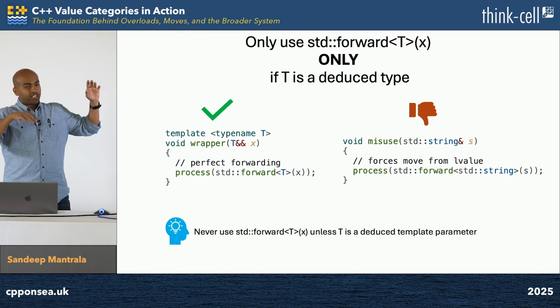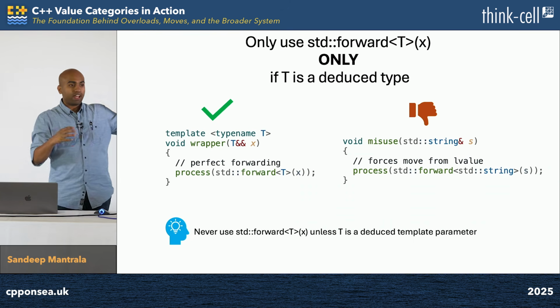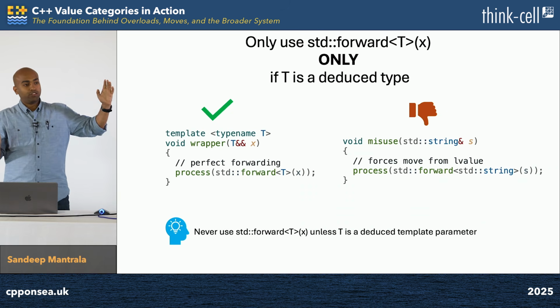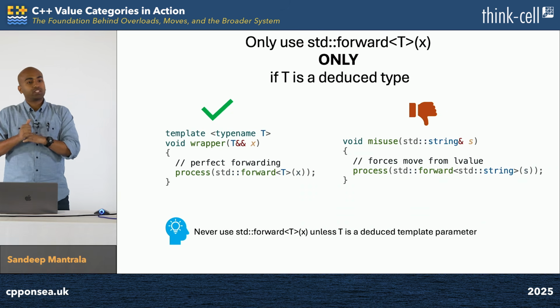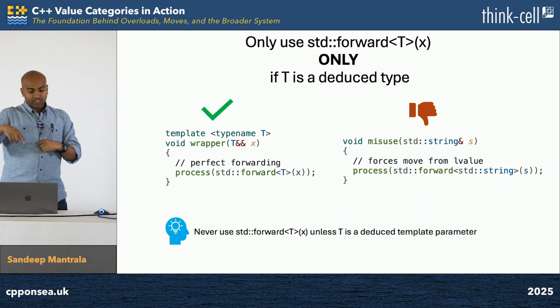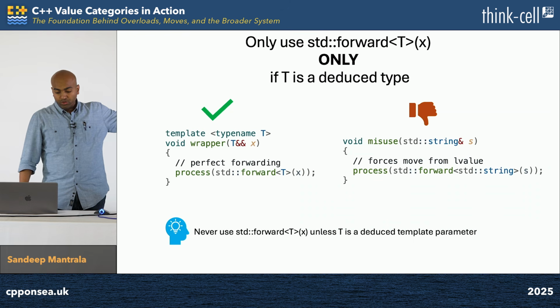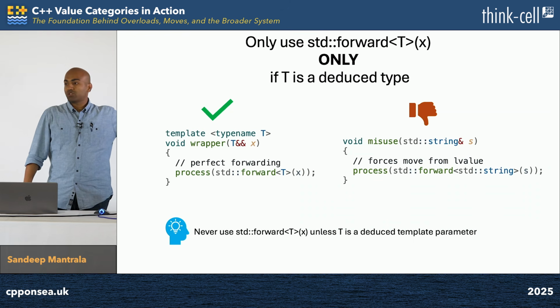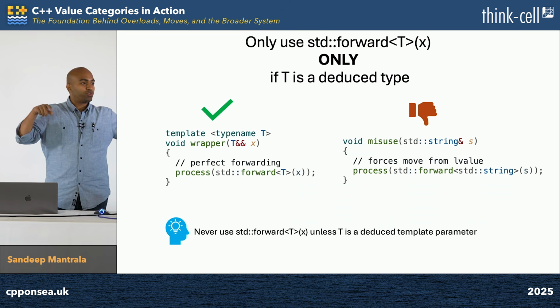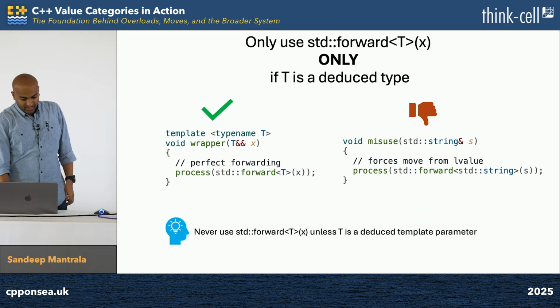If it was a template parameter, then an lvalue reference and an rvalue reference, when collapsed together, would result in an lvalue reference, so it would retain the value category. But here, because it is not a template parameter, if you try to do std::forward, it would act in the same way as std::move. So doing std::forward on an lvalue is really dangerous.